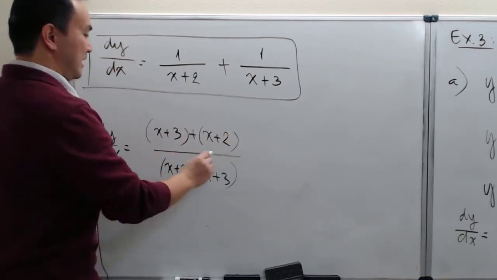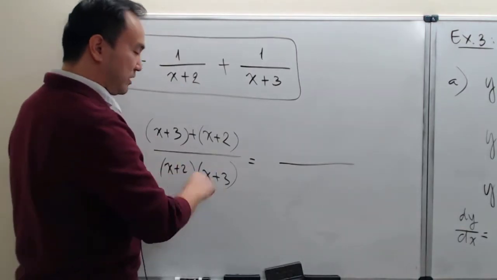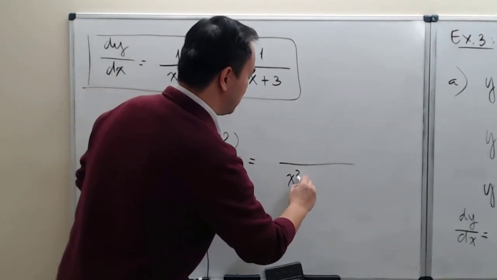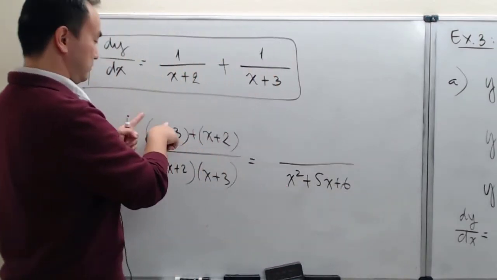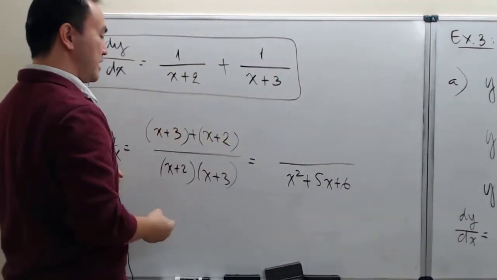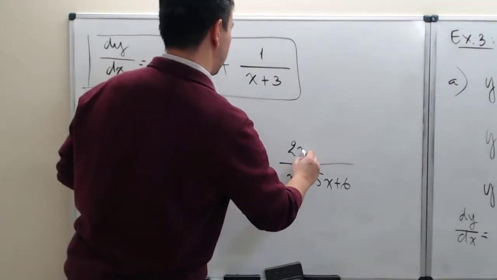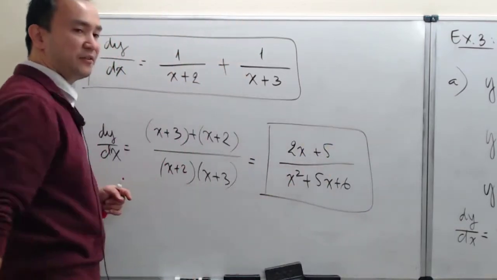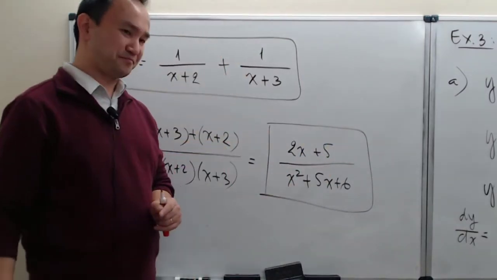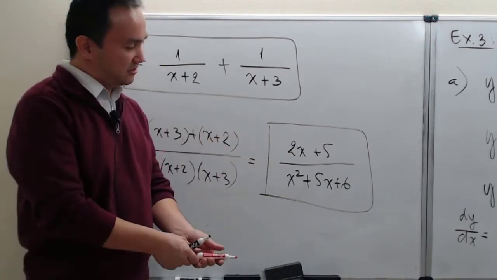And now our final expression, foiling out this x plus 2 times x plus 3, is back to x squared plus 5x plus 6. And now taking away the parentheses is giving me 2x plus 5. And this is exactly the form that we have seen as the final answer when we solved the same problem in our earlier example.